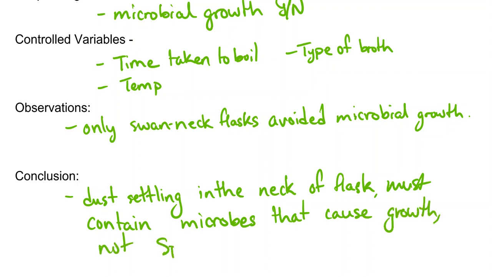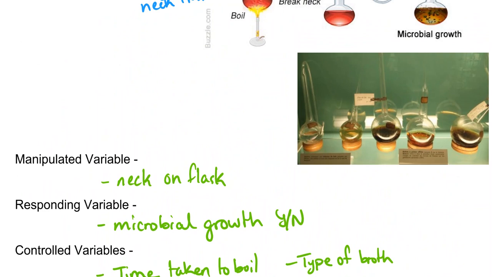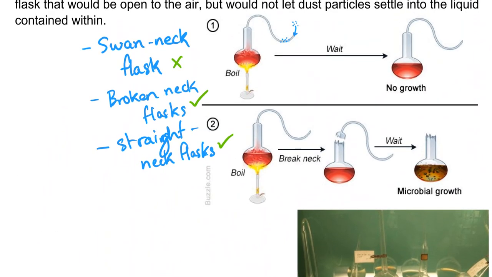not spontaneous generation. And I should have said this earlier, that these swan neck flasks would stay totally fine, not spoiled, no growth, for as long as the neck stayed intact. But also, what he would do is he would tilt this.